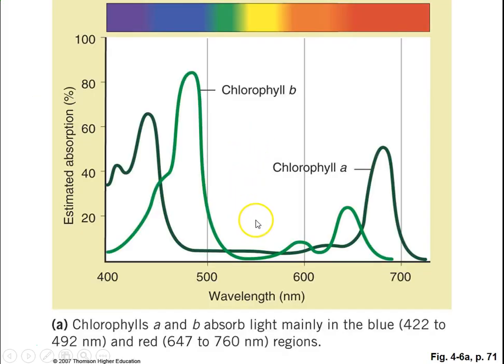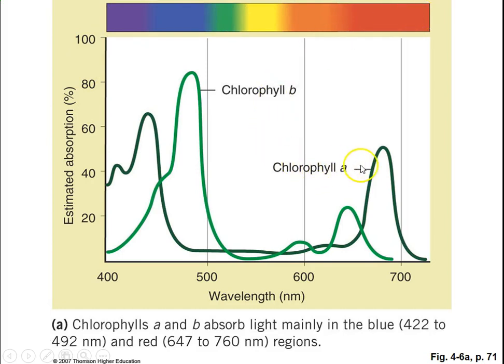So, if we look at what's called the absorbance spectrum, we notice that over here we've got the percent of the light that is absorbed in these different colors, different wavelengths.